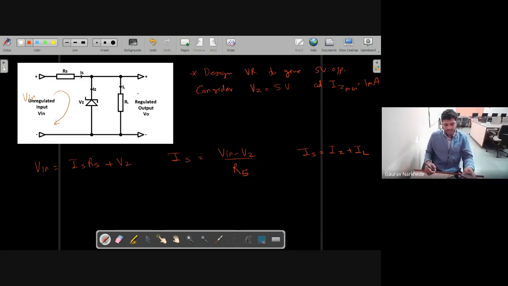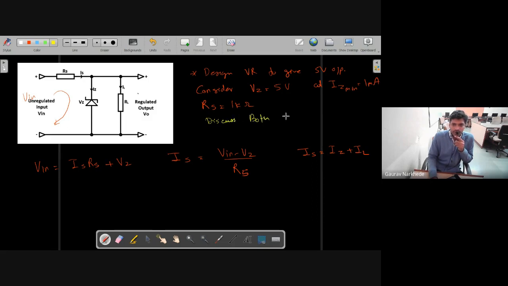Now also some values are given. Our RS is given. RS, let us consider it as 1 kilo ohm. You can take any values, I will be doing it for 1 kilo ohm. And then discuss both the cases.